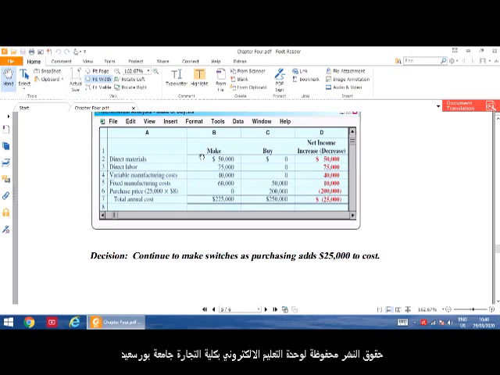So when we make the components, the total annual cost is 225,000. Under the purchasing alternative, the total annual cost is $250,000. So obviously, continue to make switches, as purchasing adds $25,000 to cost.